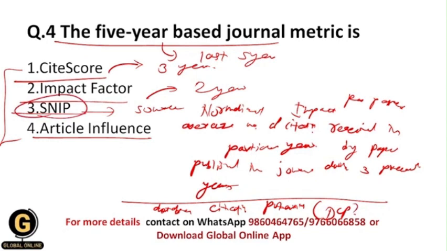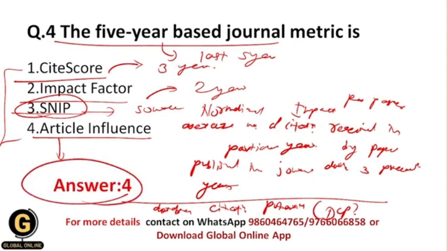Now let us see what article influence is. Like I told you earlier in this video, article influence is calculated by dividing the eigenfactor score by the percentage of all articles recorded in the journal citation reports that were published in a specific journal. That's why your correct answer for this question is 4, article influence, because this is the 5-year based journal metric.